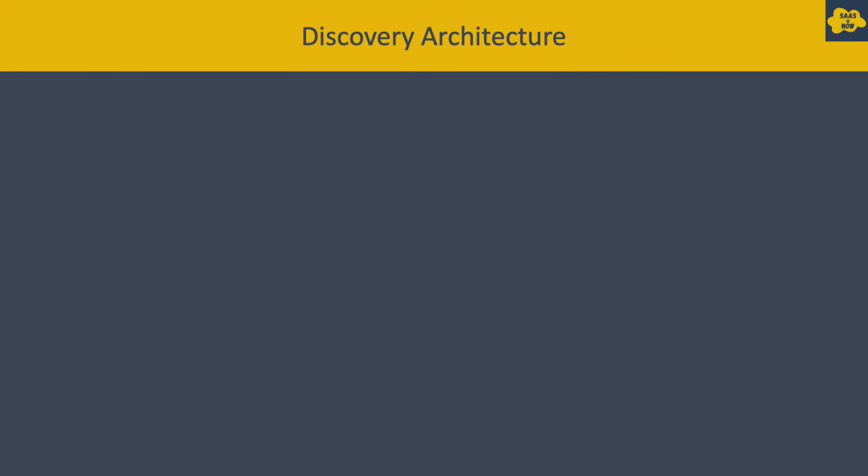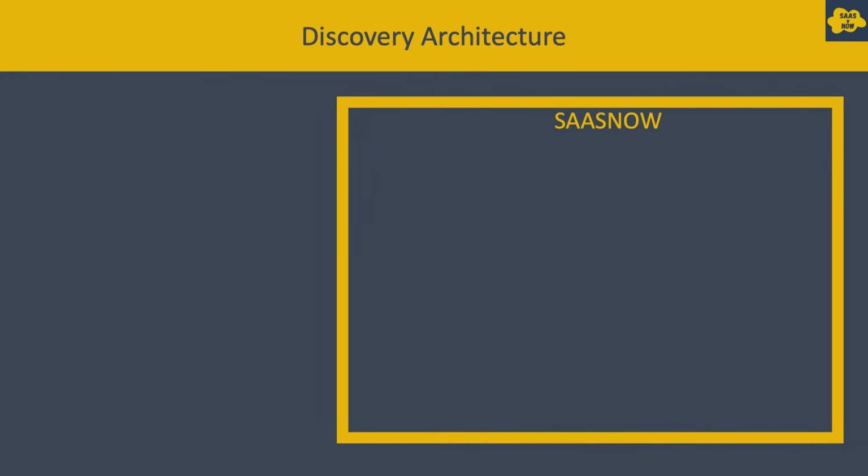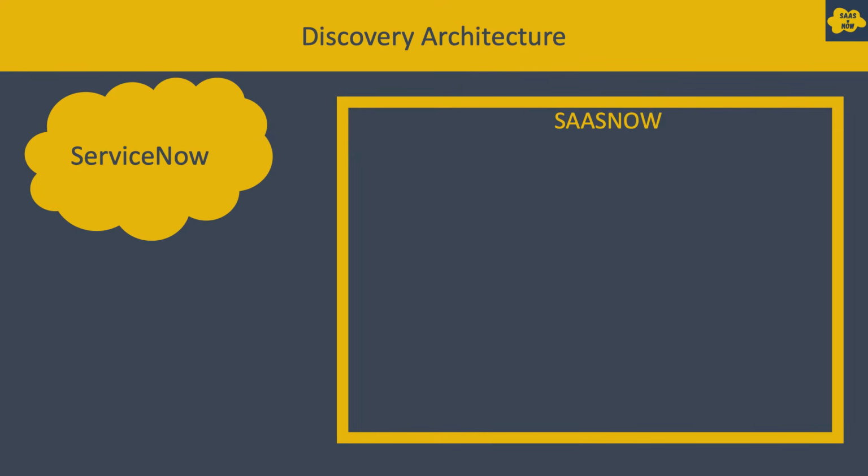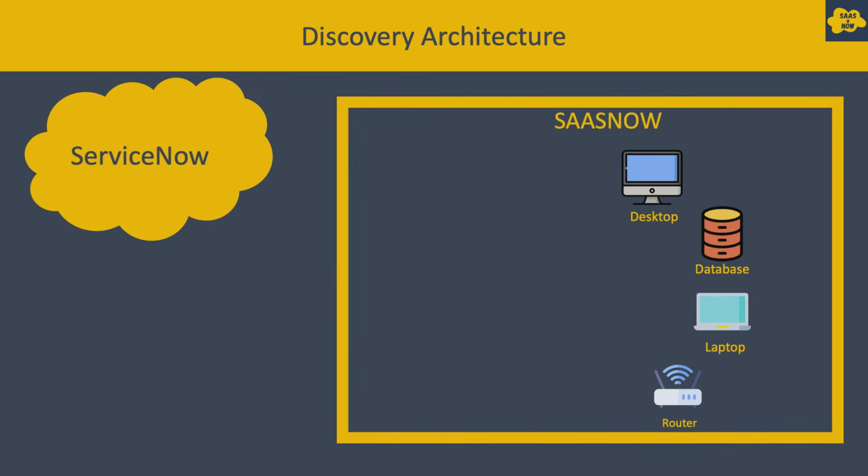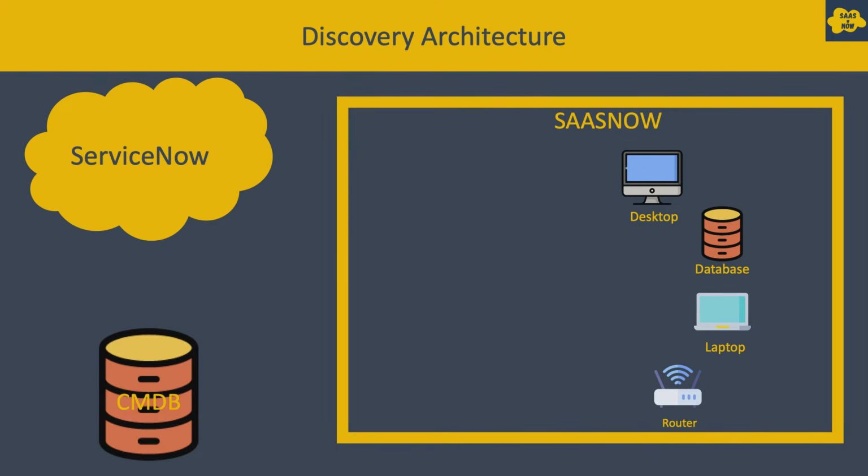Let's say we have the SAASWITHSERVICENOW organization, which has cloud ServiceNow. This ServiceNow instance cannot access the network of the company directly, not even the devices of this organization like desktop, database, laptop, routers, and many more devices. Then how exactly can discovery fetch the data of these devices over the network and update them in CMDB, which is in the ServiceNow cloud?